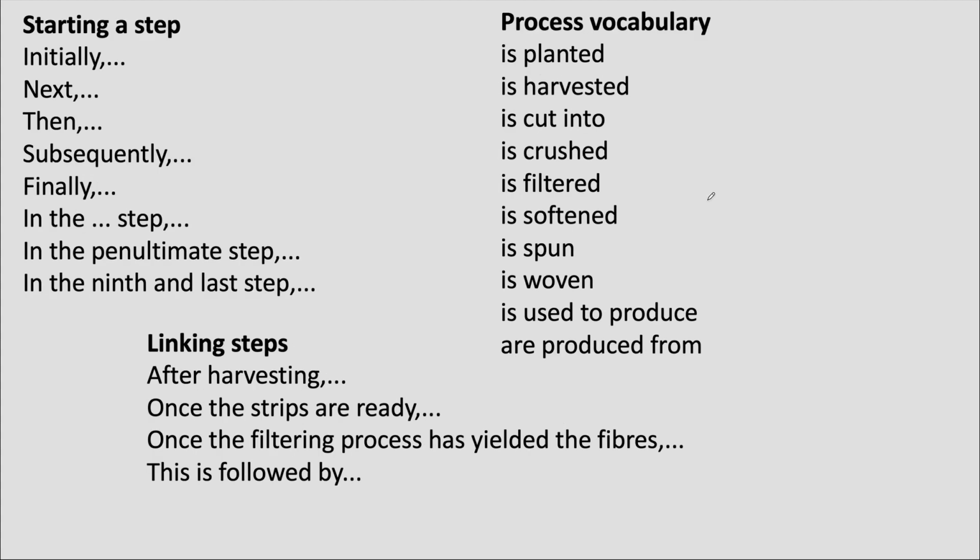Here are some useful words and phrases that you can use in process questions. Many of them we have already used in our sample answer. Here you can see different ways to begin a step, such as initially, subsequently, or in the penultimate step. And there are some useful linking phrases such as after harvesting, once the strips are ready, or this is followed by.